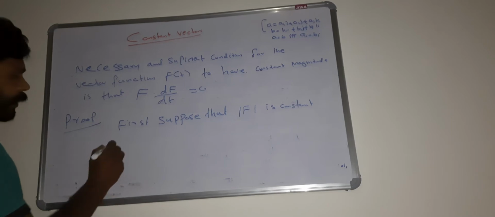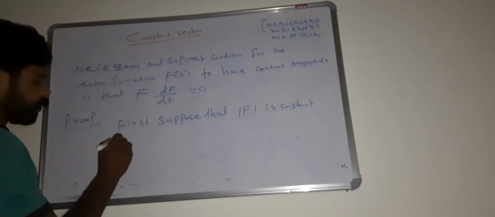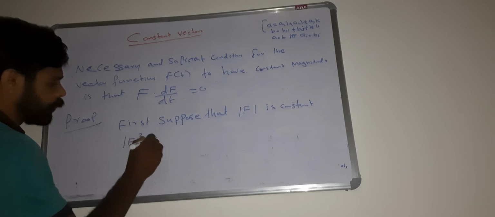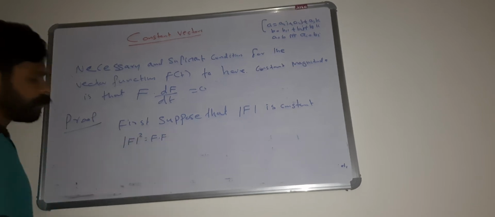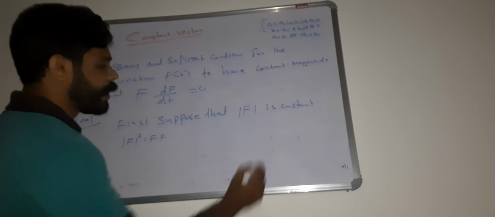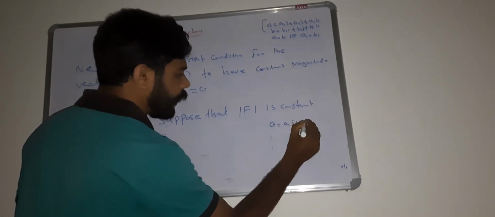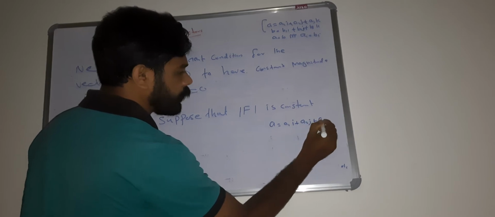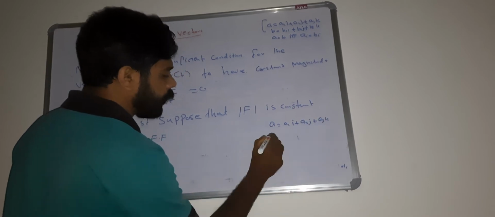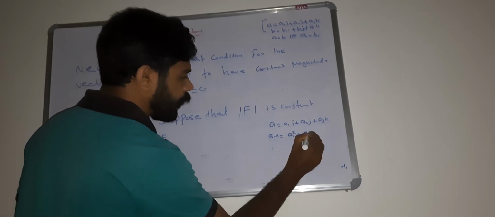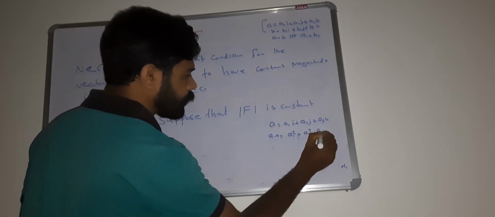We know that mod f squared equals f dot f. Let a equal to a1i plus a2j plus a3k. Then a dot a equals a1 square plus a2 square plus a3 square.